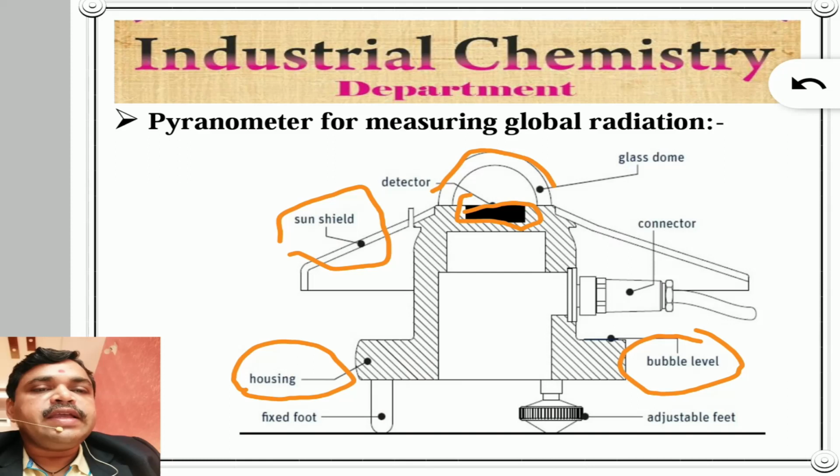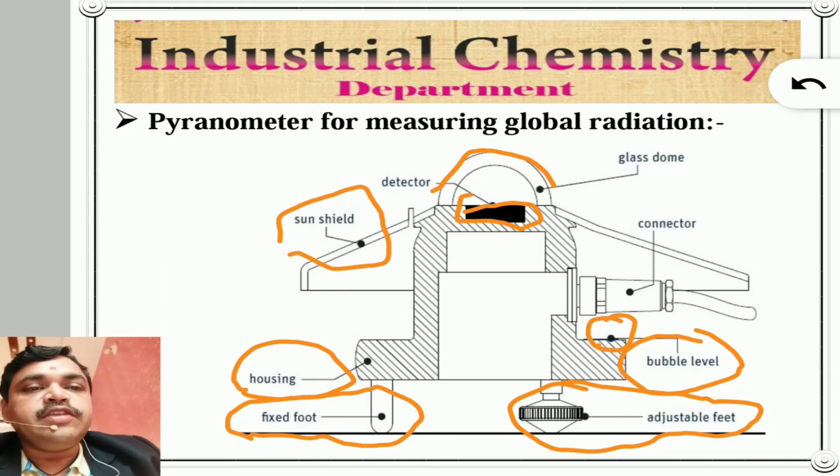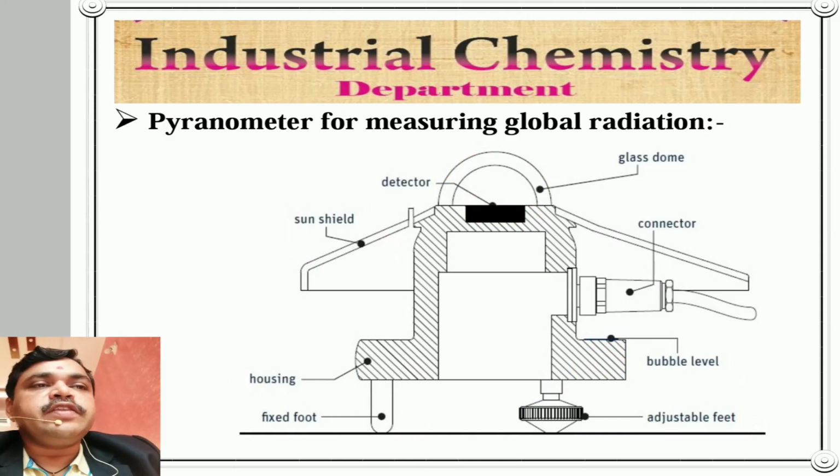Next part is the fixed foot, which is in a fixed position, and the last one is the adjustable feet, which adjust up and down, and the bubble level is kept at the center by use of these adjustable feet. So this is the pyranometer for the measuring of global radiation.